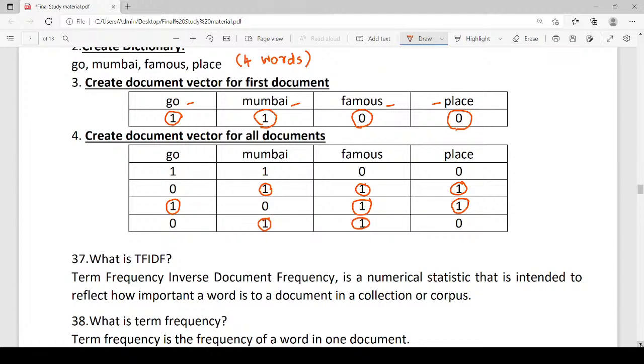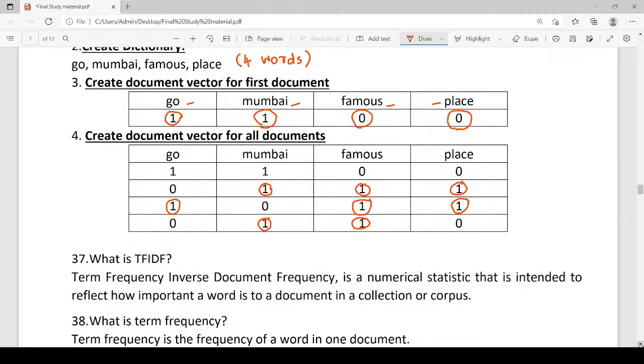The frequency of a word in a document, exactly. The number of times a particular term or a word occurs. Very good. It is the frequency of a word in the document. So term frequency is nothing but the frequency of a word in a document.